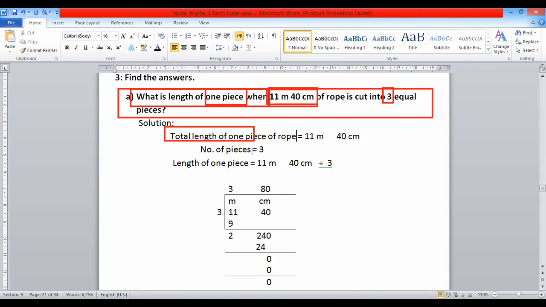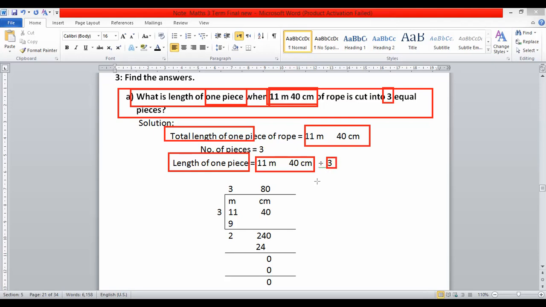And how many pieces do we want to divide it into? 3 pieces. And how do we find the length of one piece? Length of one piece is equal to the length of the rope divided by 3.